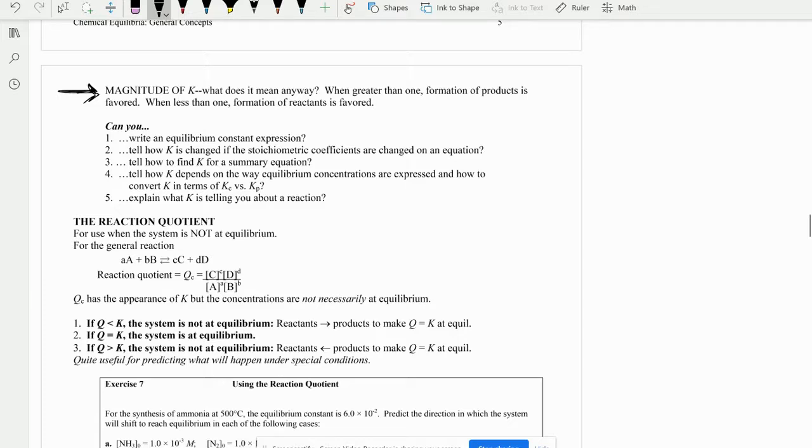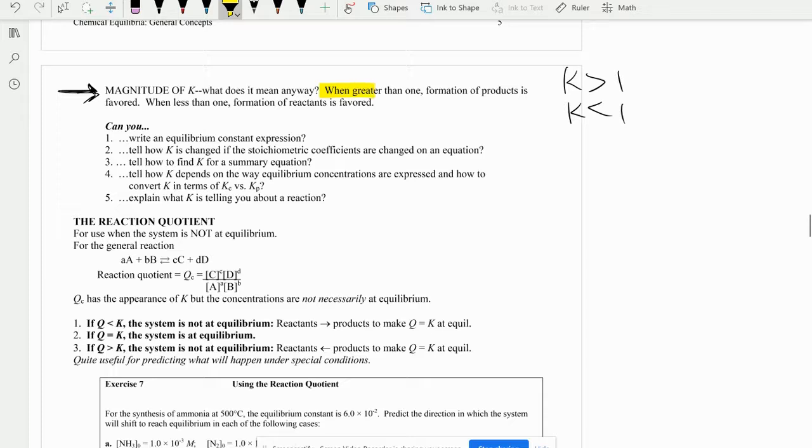What does the size of K mean anyway? This is on page 1 of your notes already, so we're bringing it up again because it is important that you know what this means. So there's pretty much 2 different options here. K can be greater than 1, and K rather could be less than 1. What does each one mean?